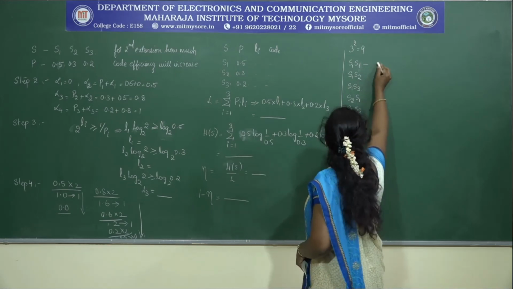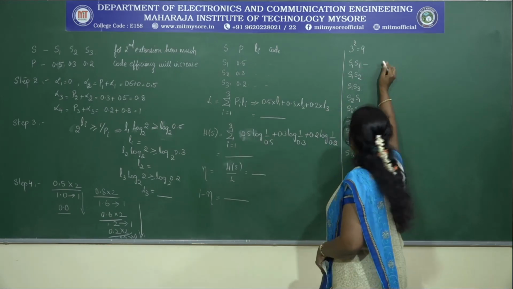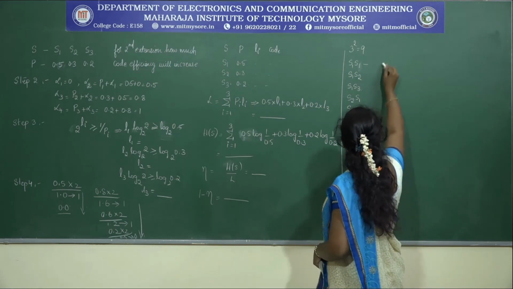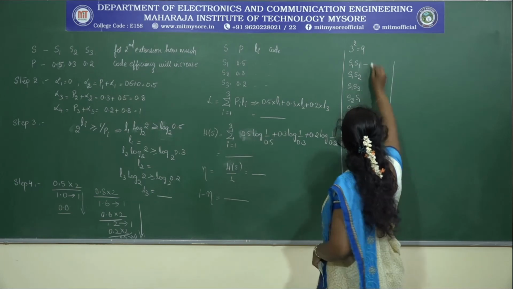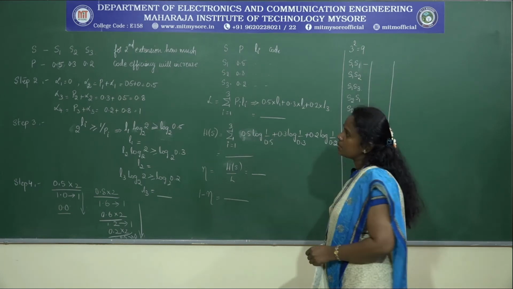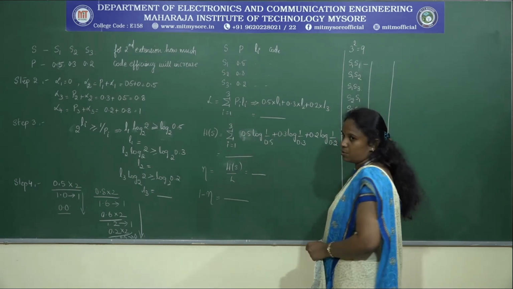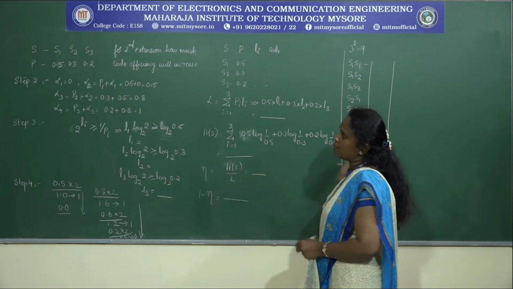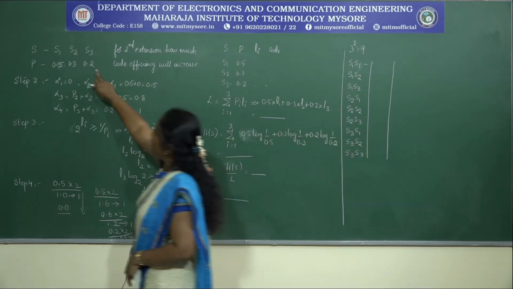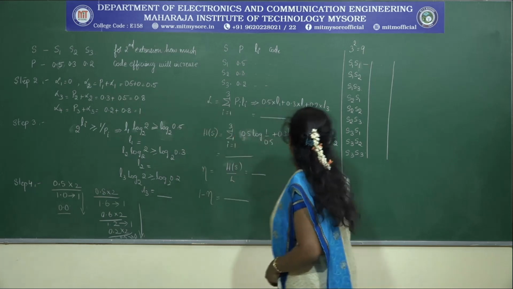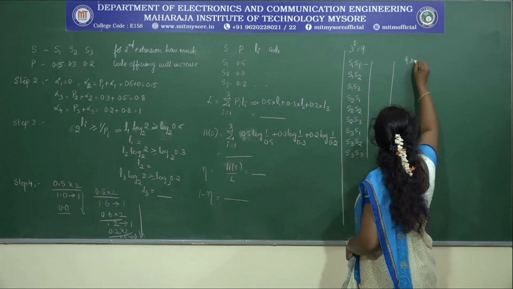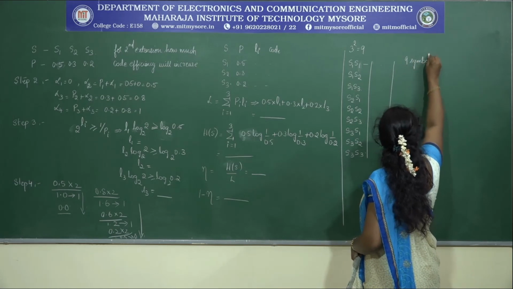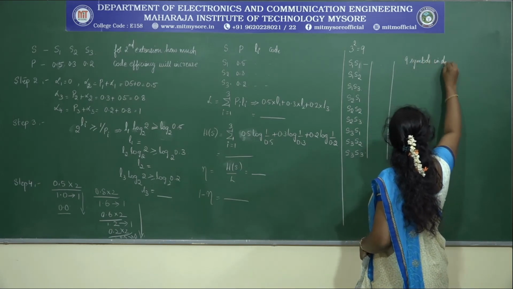So find out the source symbols you are going to get after you multiply, where you should get 9 source symbols. Once you find all the 9 source symbols, next you need to perform the similar operation. That means you need to arrange all 9 probabilities in decreasing order.